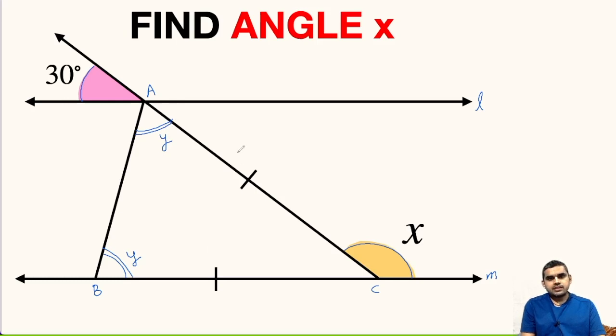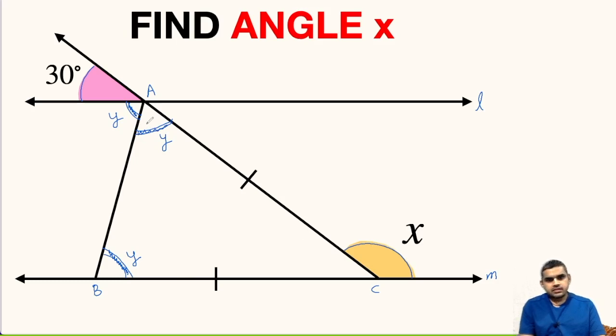Now, since these two lines L and M are parallel to each other, this angle will also be equal to Y, because this angle and this angle are alternate interior angles. So we see that the measures of these three angles are equal.